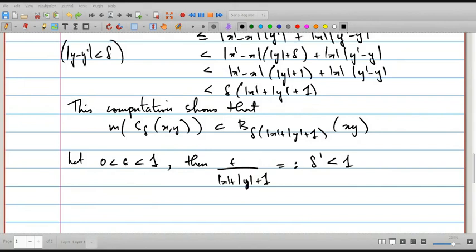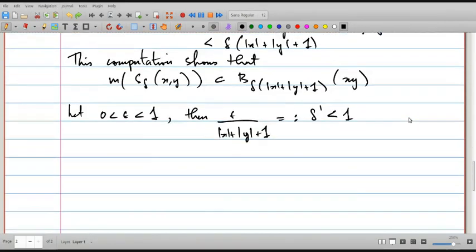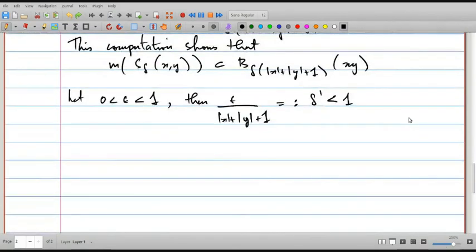So thus we have proved. Okay, so not delta prime, just delta. So if we take this to be delta, we have proved.